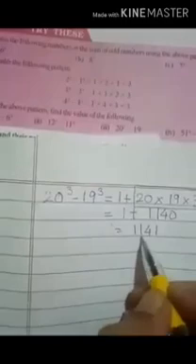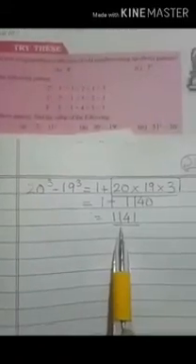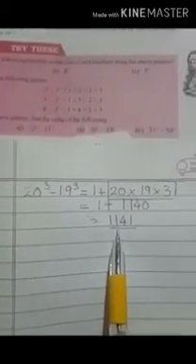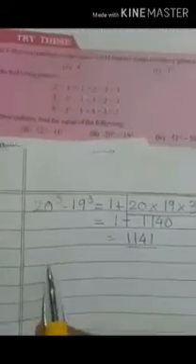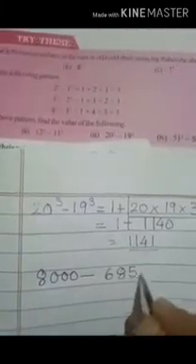That is 1141. So when you subtract these two numbers, your answer is this. Let's check it. 20 cube is 8000 and 19 cube is 6859.